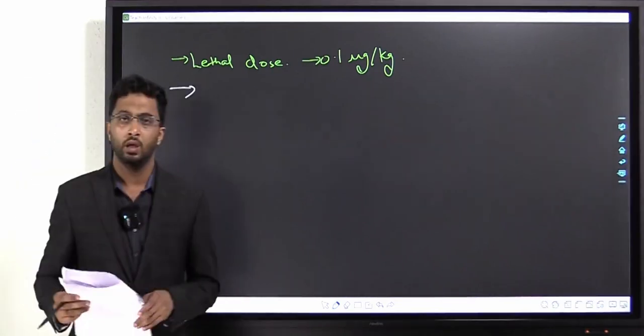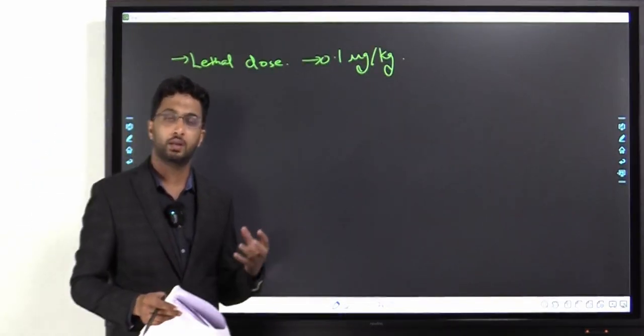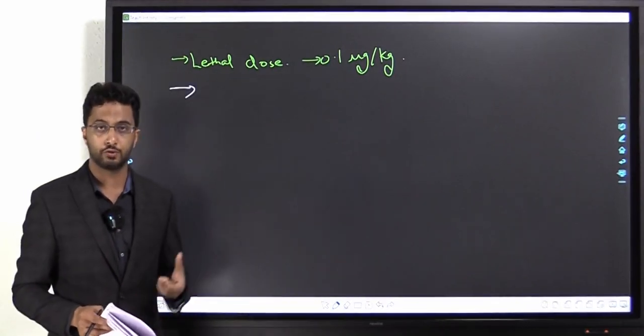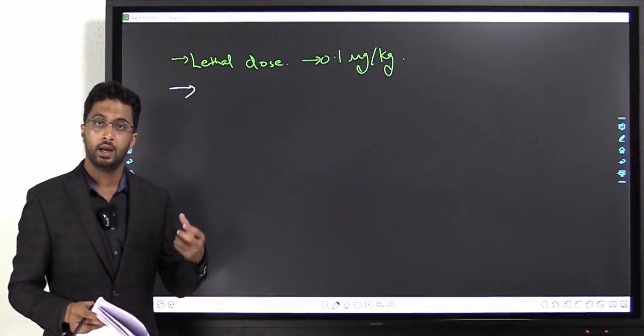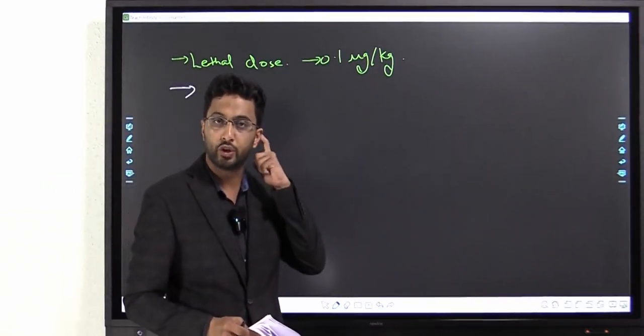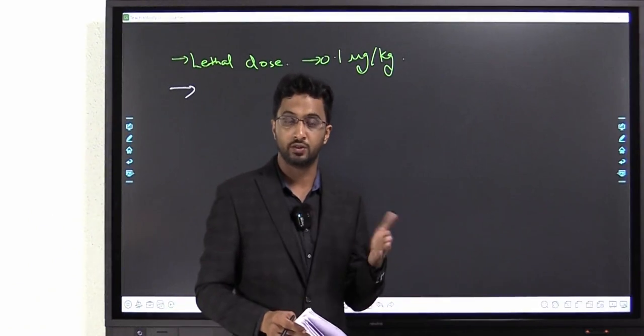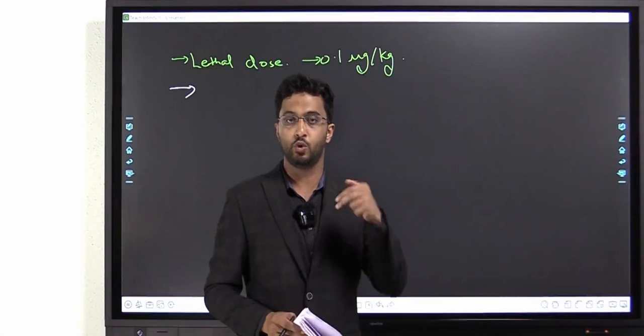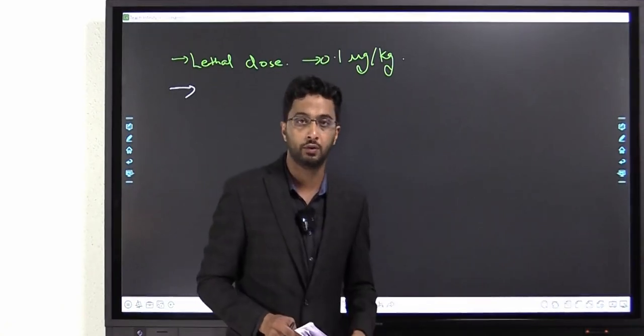Now what the people who create vaccines do for diphtheria is take the toxin and make it a toxoid. Toxoid means a toxin which has no virulence and can't cause any disease, but has immunogenic properties, meaning if it goes into the body, it can produce antibodies.